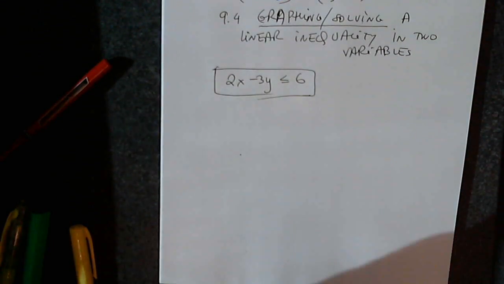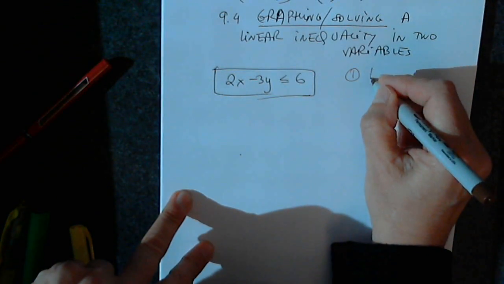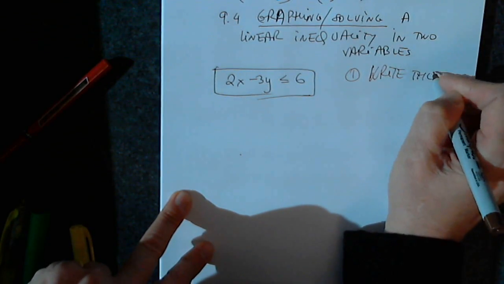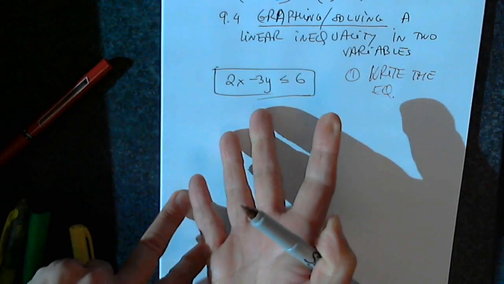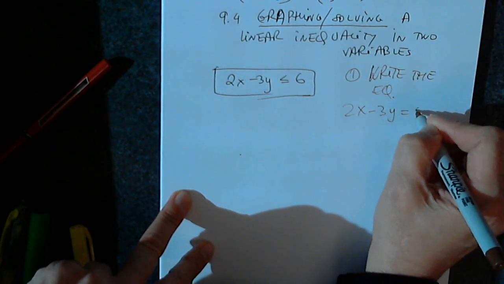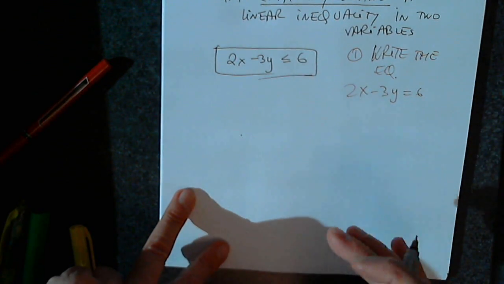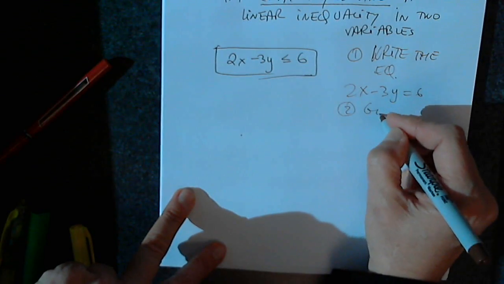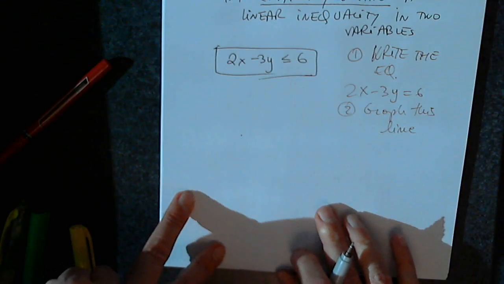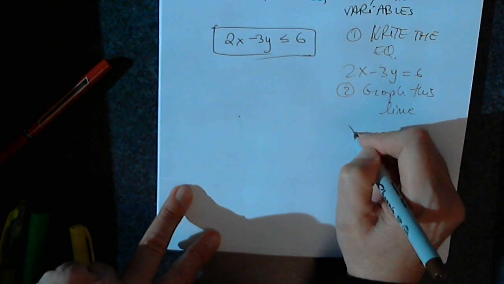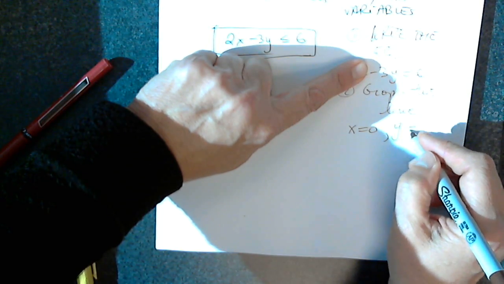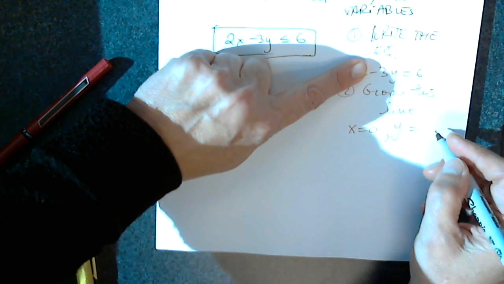So here will be our first step. Write the equation, the corresponding equation to this. Well, it's 2x - 3y = 6. Since it's a line, graph this line. In order to graph this line, I'm going to say when x is 0, and I'm going to cover it, how much is y? -2.